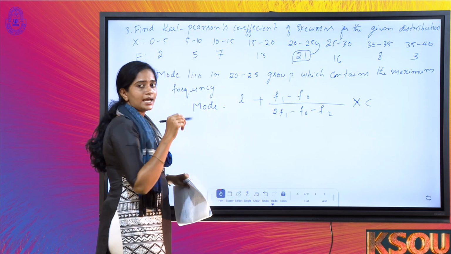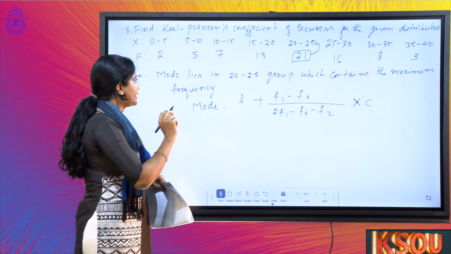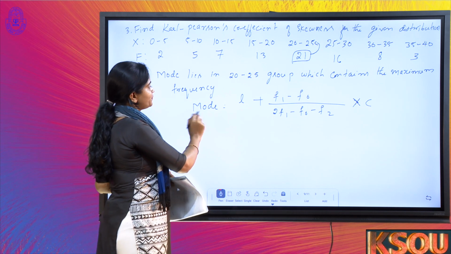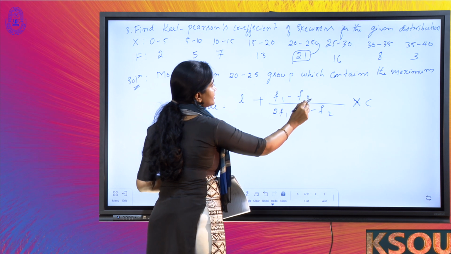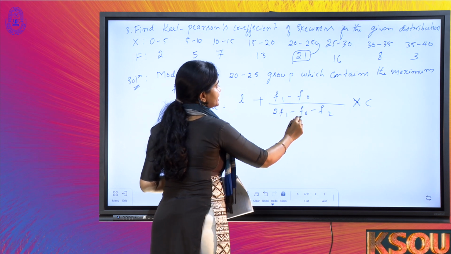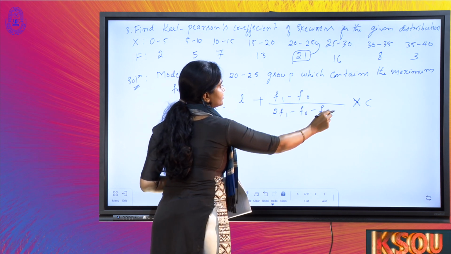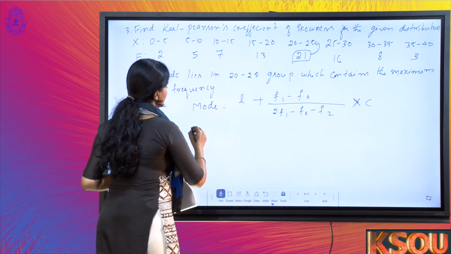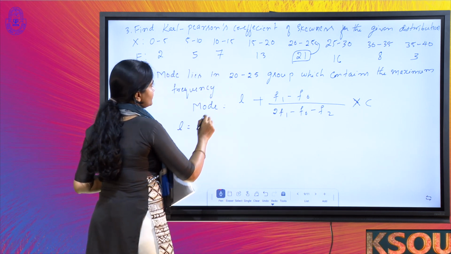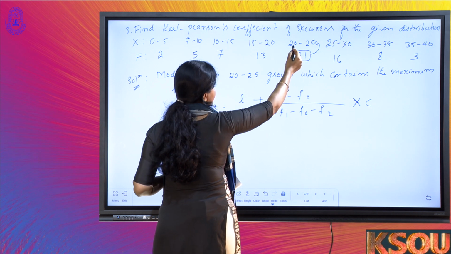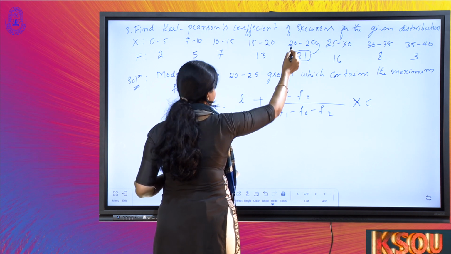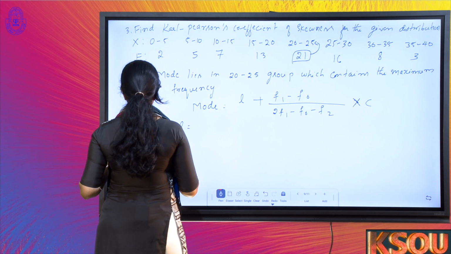Let us calculate that particular value by using this formula. Mode is equal to L plus F1 minus F0 by 2F1 minus F0 minus F2, into C, where L is the lower limit of this highest frequency class, that is 20.